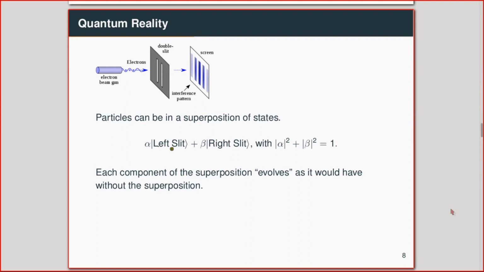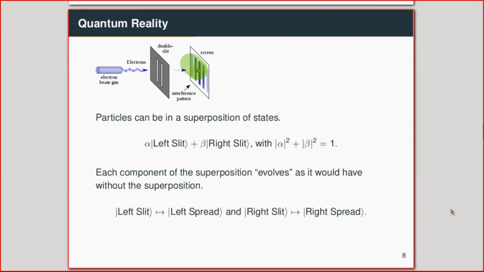Now what's going to happen to the superposition as the electron continues moving towards the screen? Well, it's actually quite simple. If it had gone just through the left slit, let's call the state that it would have reached at the screen the left spread.